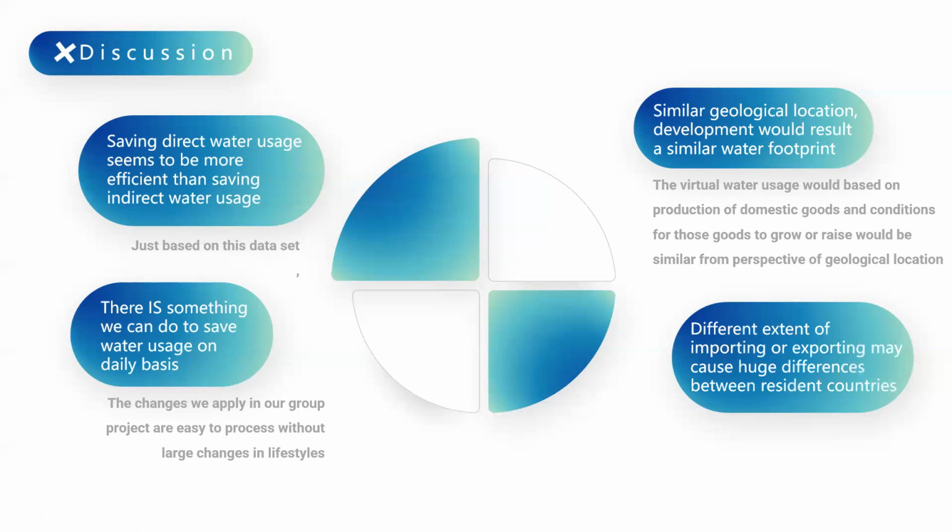The different extent of importing and exporting may cause huge differences between countries. That's the case when you compare Canada and China. Canada is quite in the north part of the earth, so a lot of crops need to be imported, while China is one of the greatest exporter countries. They import less but output more, so the food and services there are mainly domestically transported.